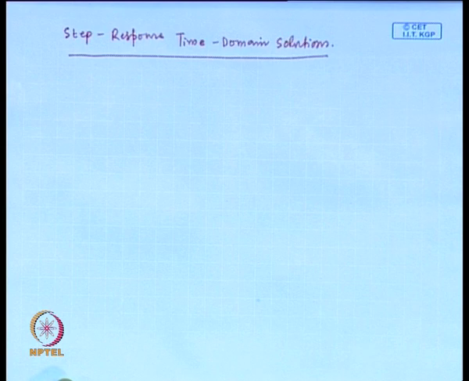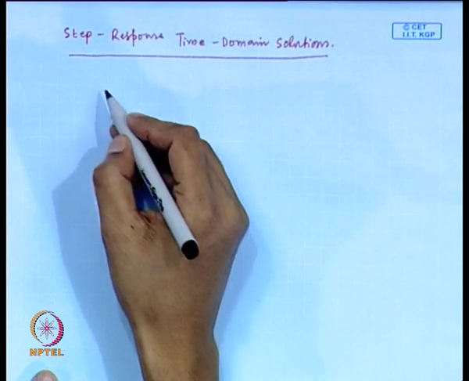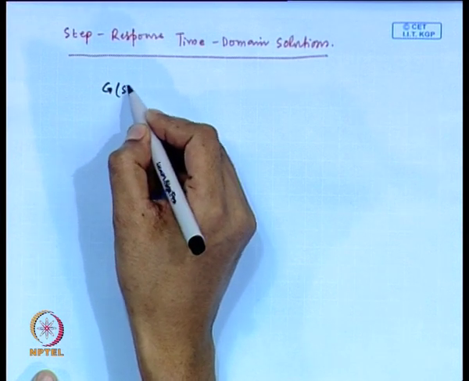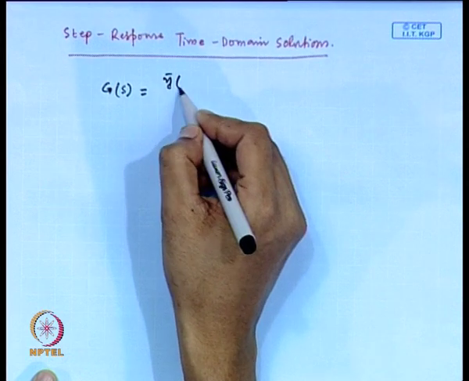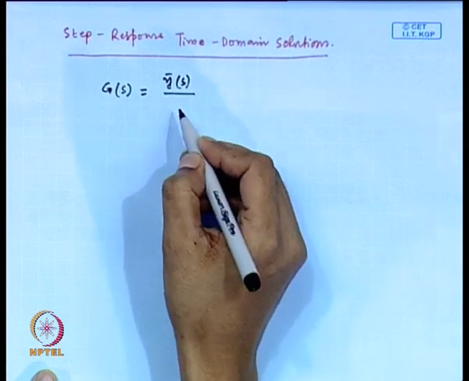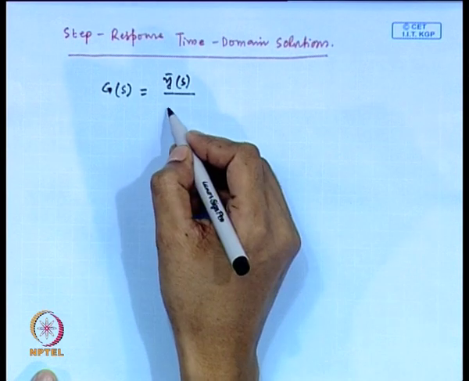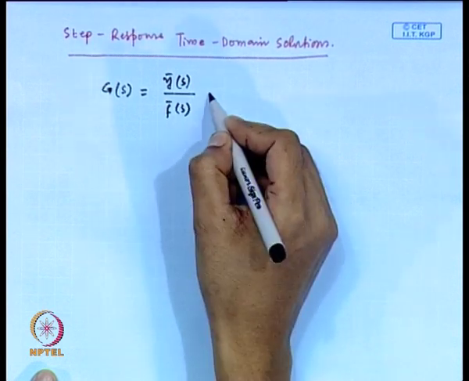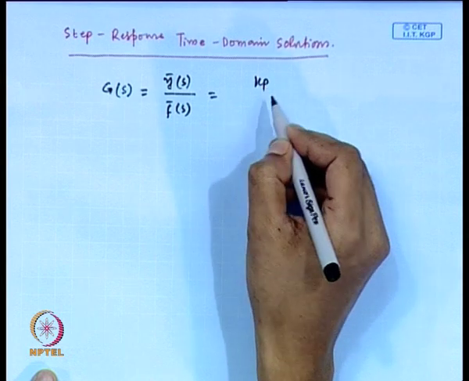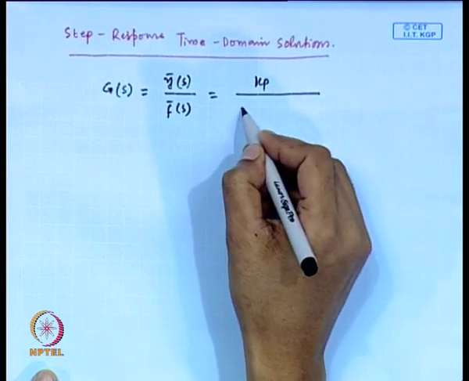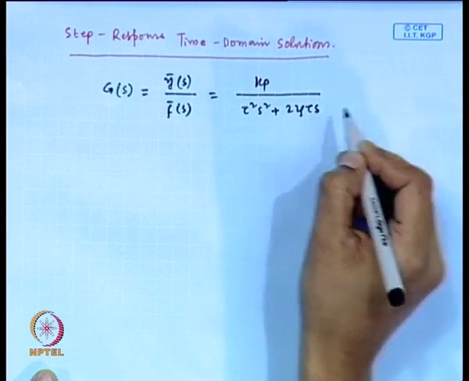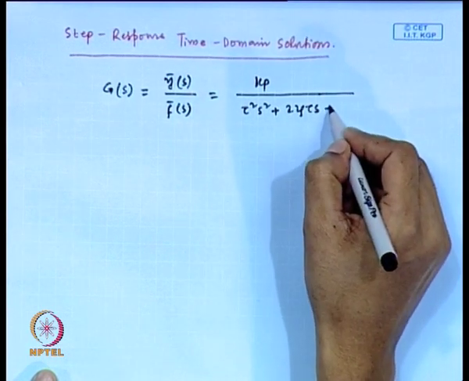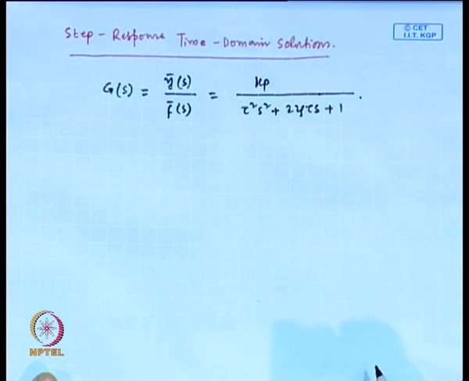Fine. Previously, we derived the transfer function for the second order system, that is represented by G s equals y bar s divided by f bar s equals k p divided by tau square s square plus 2 zeta tau s plus 1.